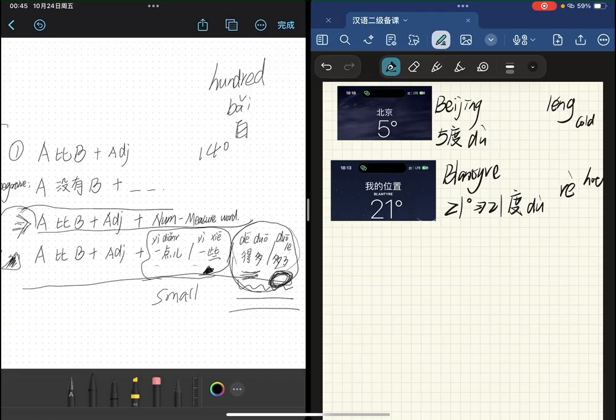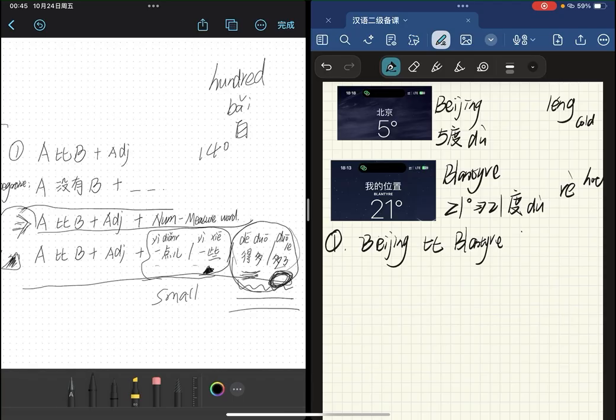So Beijing is cold now, 北京冷, and Blantyre is hot, Blantyre 热. Now let's make the sentence. 北京比 Blantyre 怎么样呢? Compared with Blantyre, Beijing is colder.